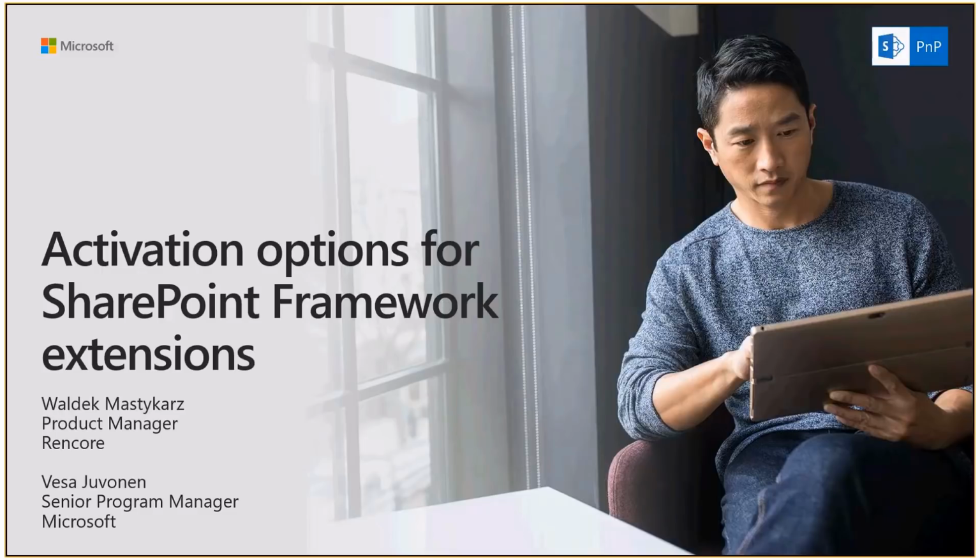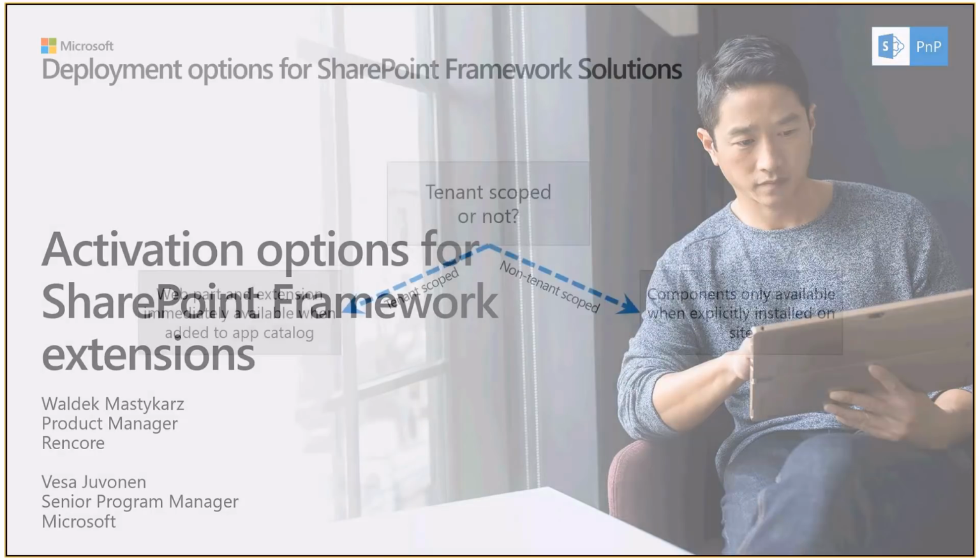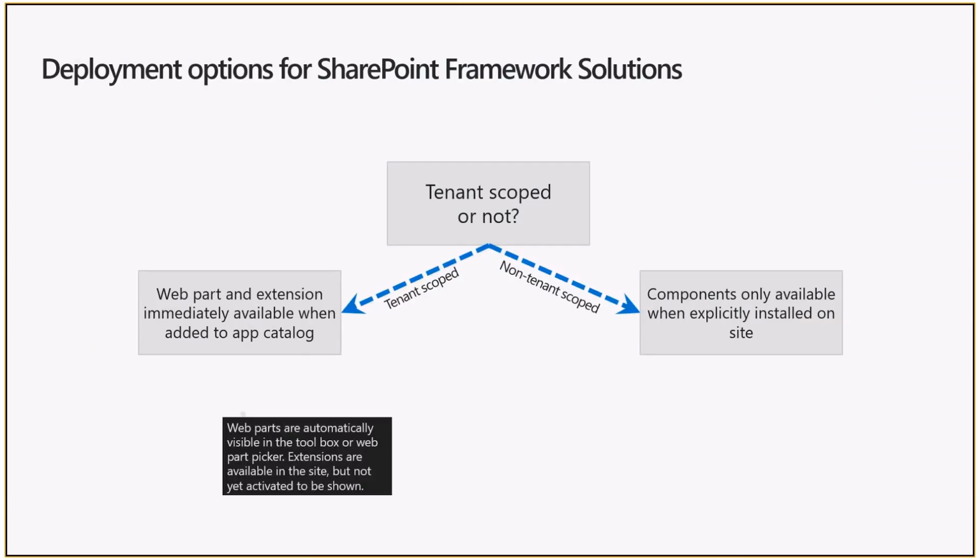Now, let's start this discussion with one classic slide, which we had in a previously recorded webcast. This is a good option slide to start discussing these options. First of all, when you create your SharePoint Framework solution, as part of the Yeoman flow, or after the Yeoman flow, you can configure this in the package-solution JSON file.